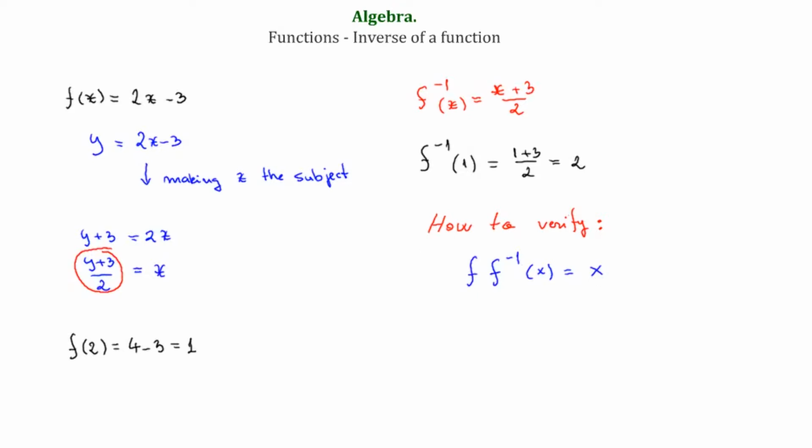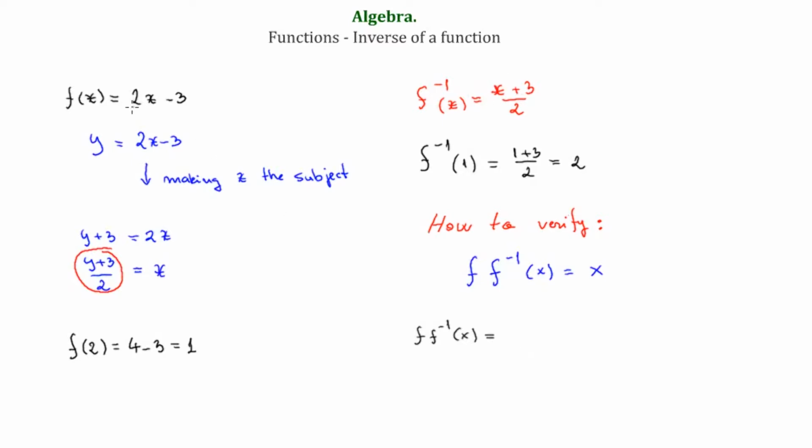In this example, let us have the composite f of f to the power of minus 1 of x. We replace in the function f the argument x, the variable x, with f to the power of minus 1.